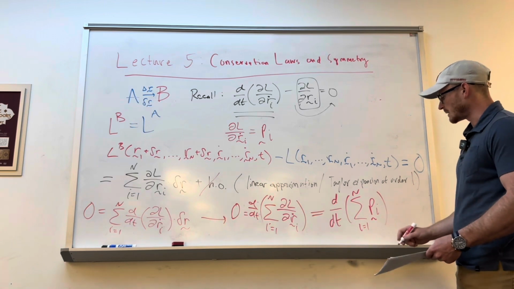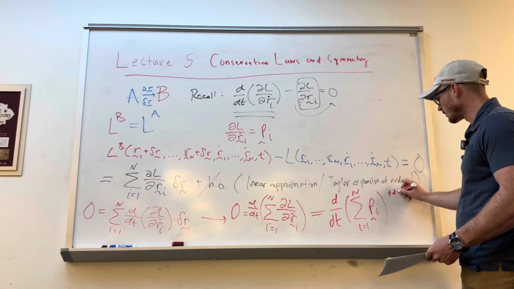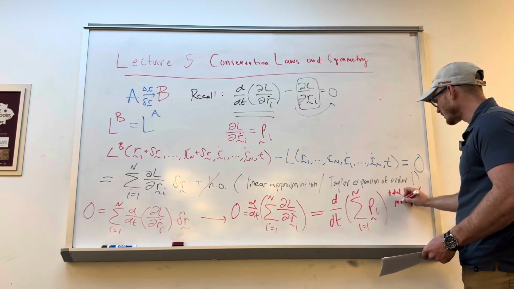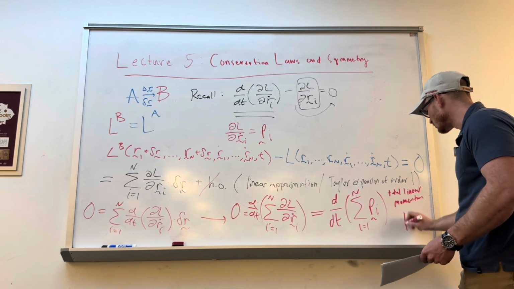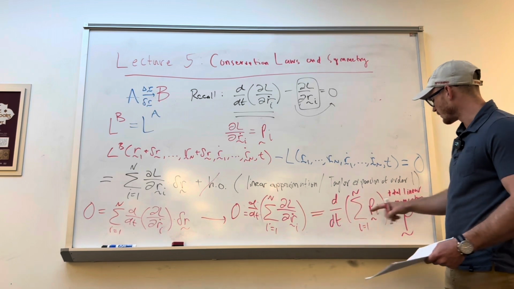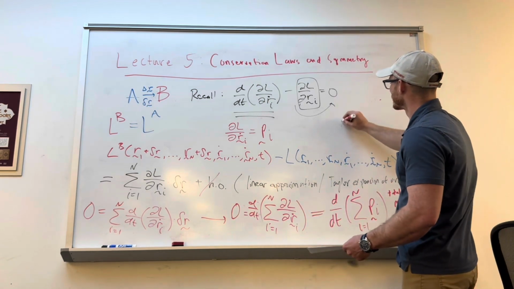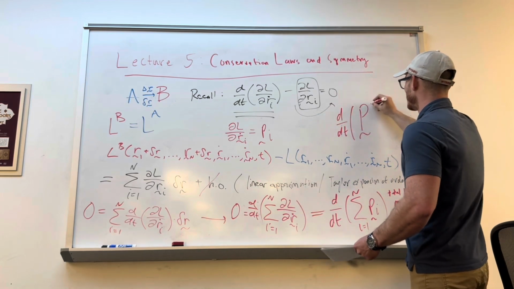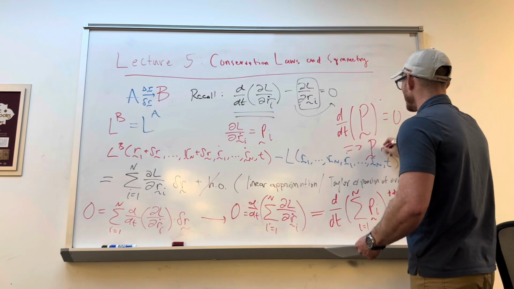Well, the sum of the pi's, we usually would call this the total linear momentum. And what that shows, if we define the total linear momentum, which is usually denoted by big P, is that the time derivative of the total linear momentum is 0. In other words, d dt of P equals 0. This implies that P is a constant of motion.